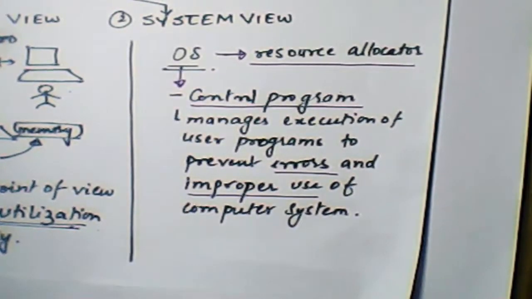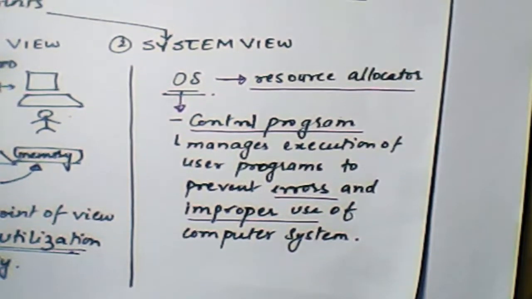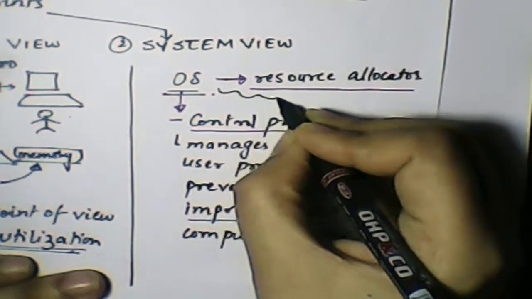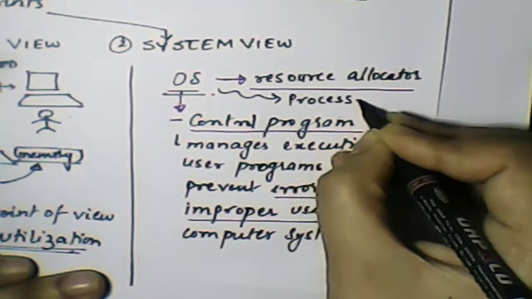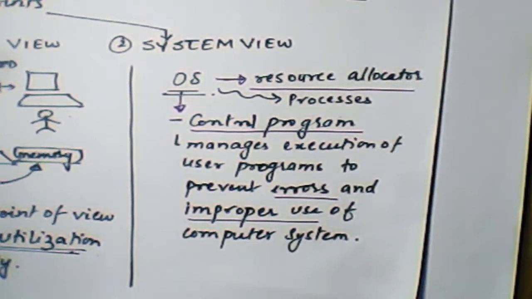Then there is system point of view. From operating system point of view, what does operating system see? Operating system knows that it has 4 or 5 resources or maybe more, and it needs to allocate these resources to multiple processes. So resources are allocated to processes. But there is another role.